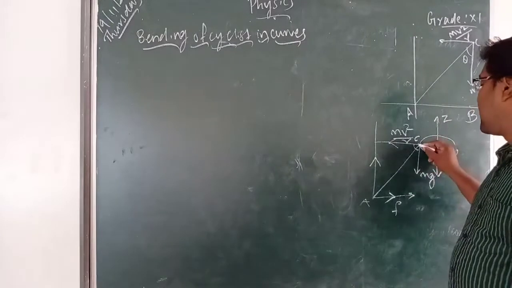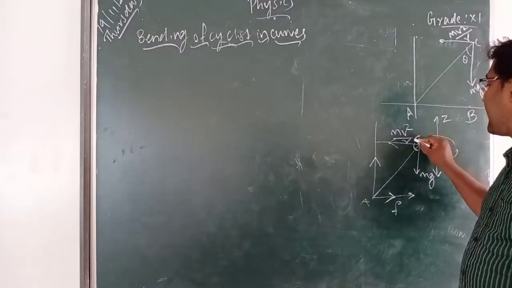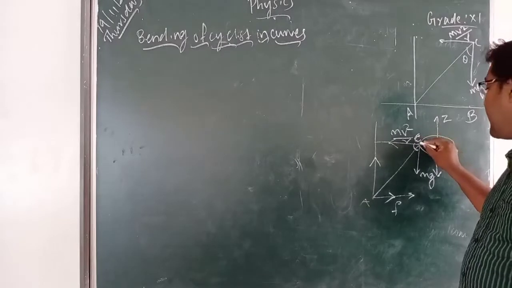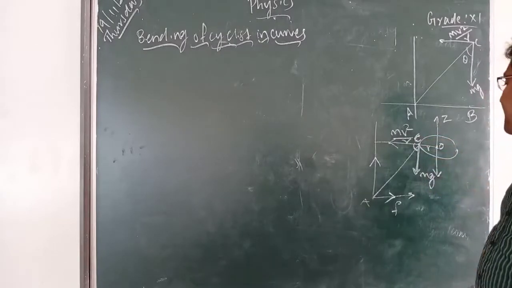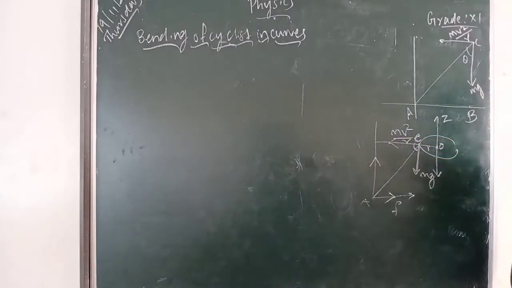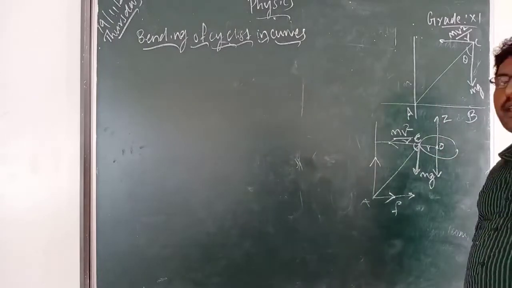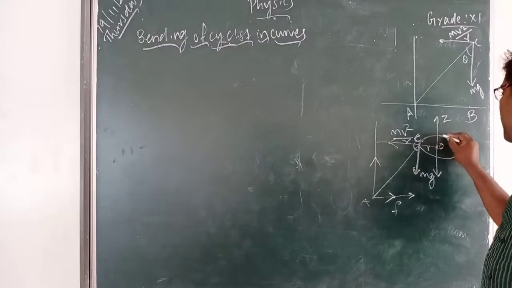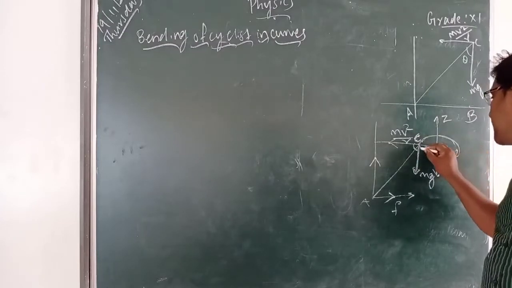The center of gravity acts at the point C, with mg there. From this center of gravity, it goes in a circular motion like this.